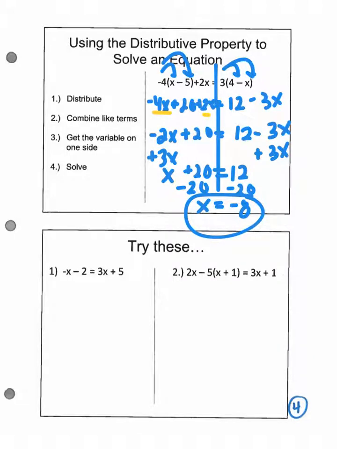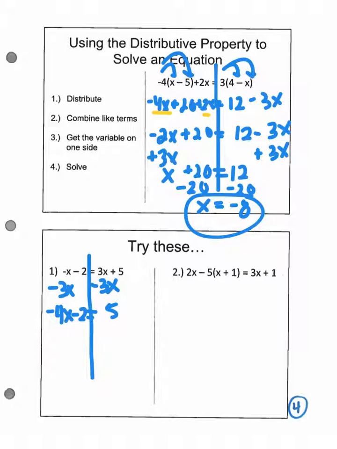So let's try the ones down at the bottom. I'm going to start by drawing my line. I would distribute if I needed to, but I don't have any distribution. I have no like terms to combine, so I want to get the variable to one side and the constant to the other. So to get rid of the variable on the right, I subtract 3x, giving me -4x minus 2 equals 5.